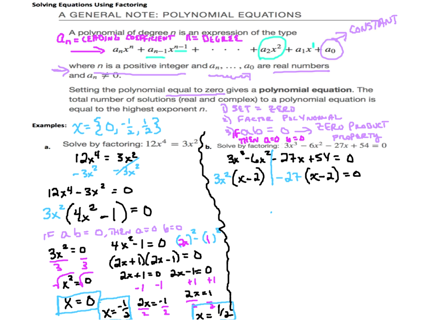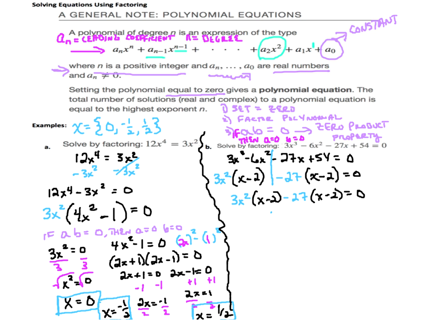So now, all I'm going to do is rewrite this so you can see something here. So I have 3x squared times x minus 2 minus 27 times x minus 2. And that equals 0.